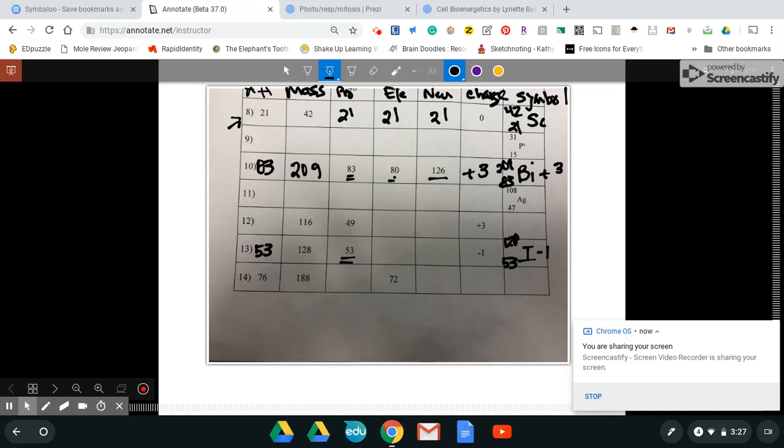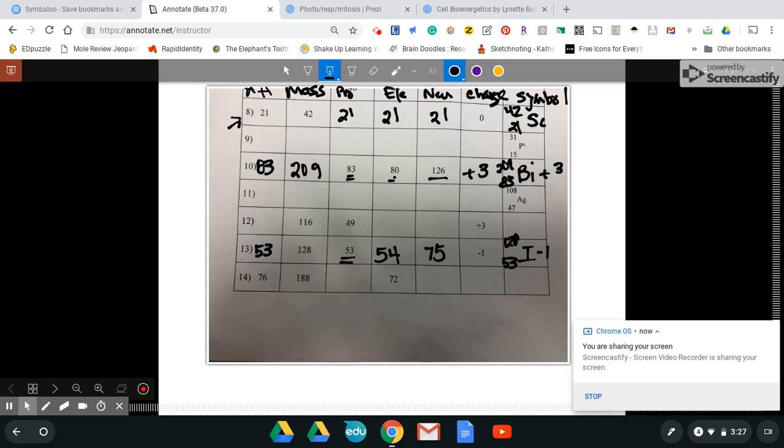So the last thing I need to do is fill out my electrons and my neutrons. Well, if I've got a -1 charge, that means I've got one more electron than I do protons, so that's going to make that 54. And then to find out your neutrons, it's your mass minus the atomic number, which is going to give you 75. So that's how you go through looking at atomic structure.